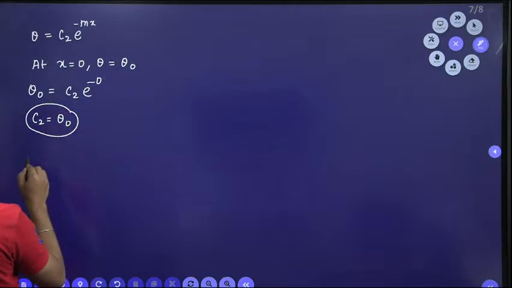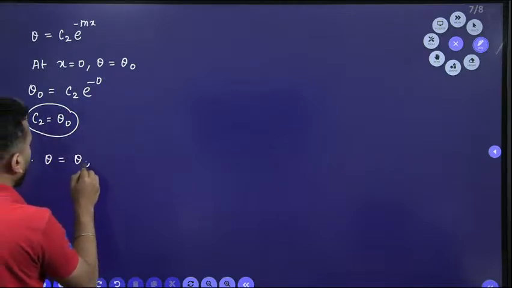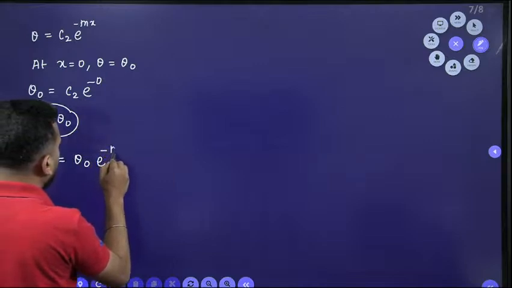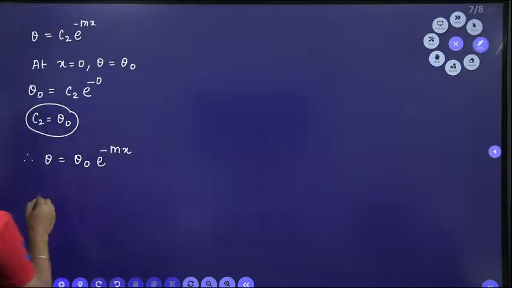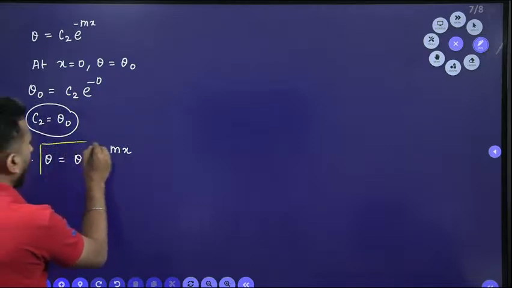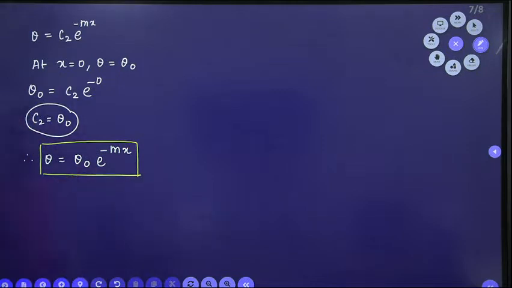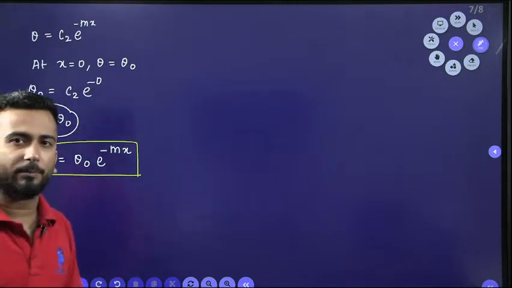So I have got both the values of the constants, therefore theta is equal to theta naught e to the power minus mx, or you can also write theta by theta naught, same thing only. So you can see what type of theta versus x profile it is.